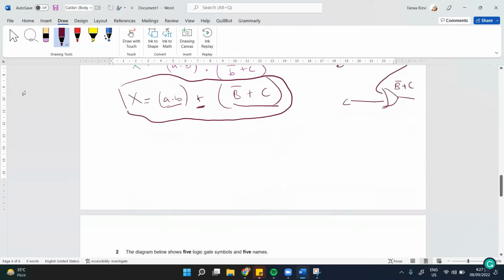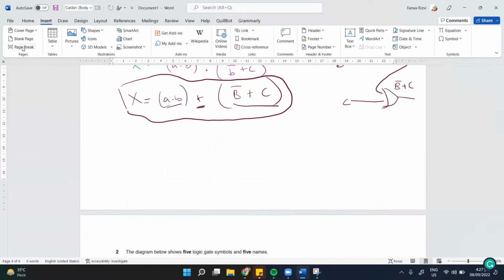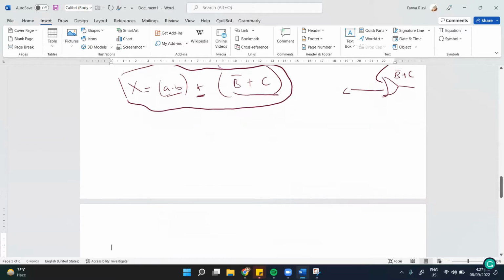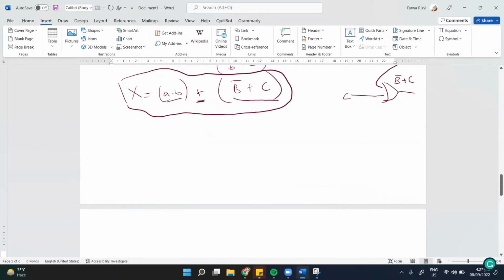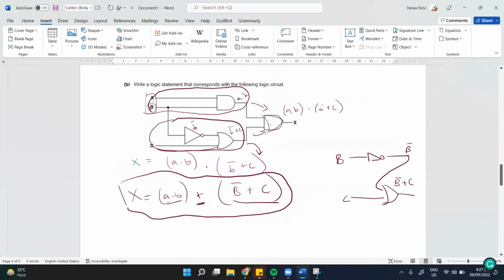Okay. So if there are two of the same, like if there are two B bars, you just write it once, right? Yeah, I didn't exactly understand your question. Like there's B bar plus C and there's B bar plus C, but you only wrote it one time. There's B bar plus C two times. Where?